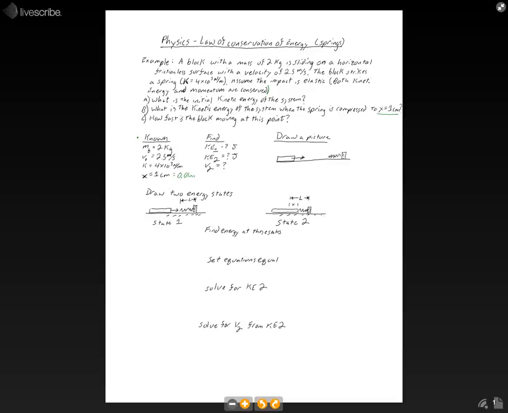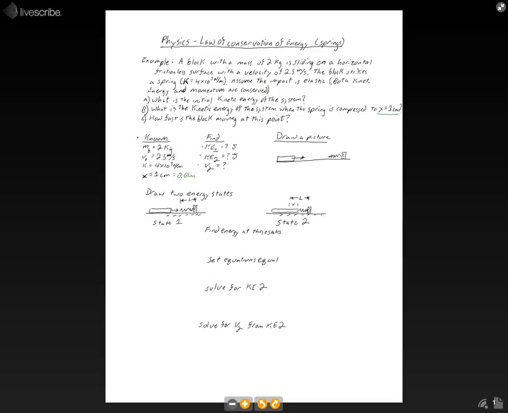So we are looking for the initial kinetic energy, the kinetic energy of the system after there's a little bit of compression in the spring, and how fast the block is moving after the spring has been displaced that 1 centimeter.